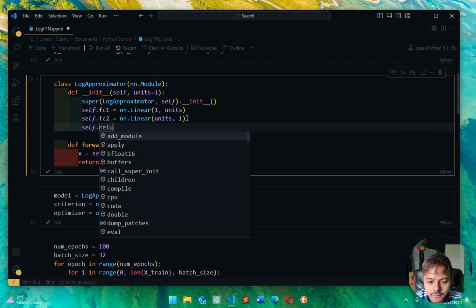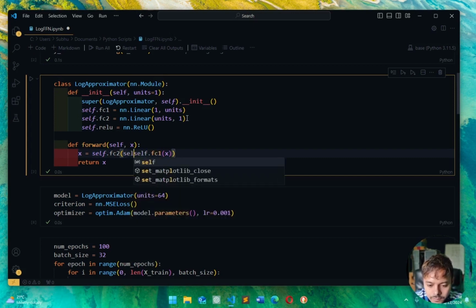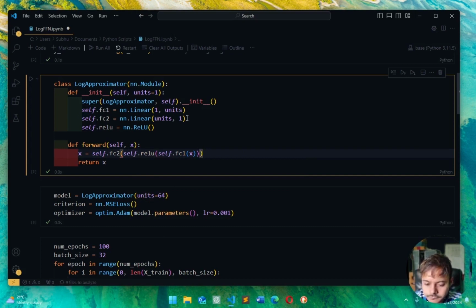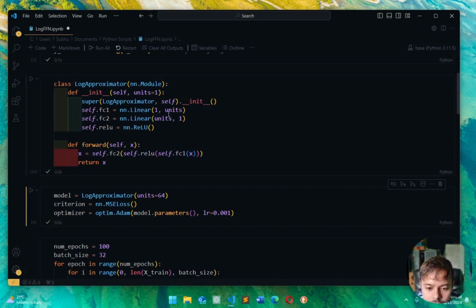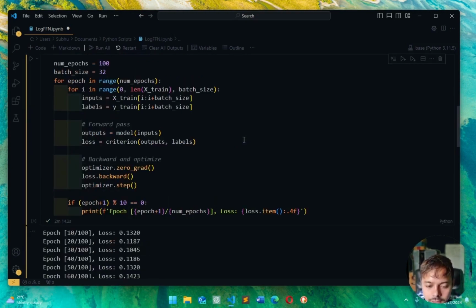Self.relu equals nn.ReLU. I'm going to incorporate it between the layers. Now let's reinitialize our model. Let's experiment with how our model performs when we use only a single hidden unit.